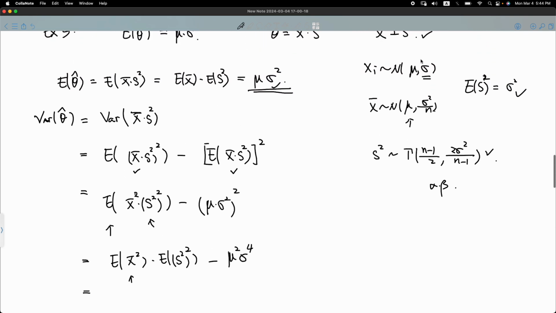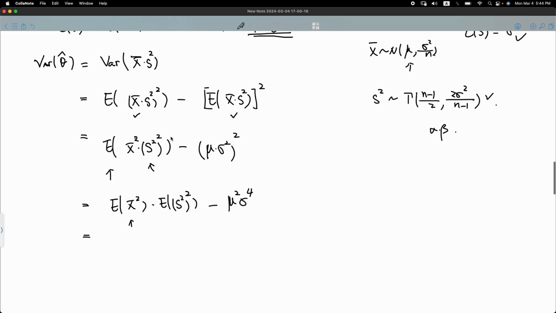So we know the distribution of x bar is normal. Then how can we approach the square of this random variable? So we can do the variance of x bar plus the square of the expectation of x bar, right? Similar procedure as here.